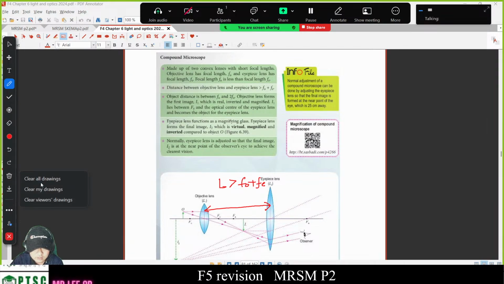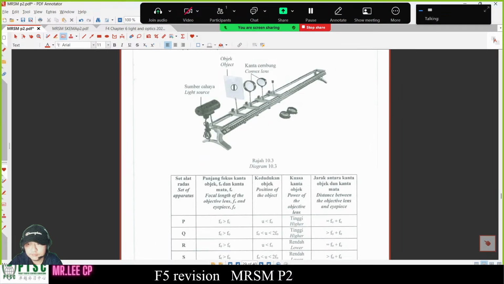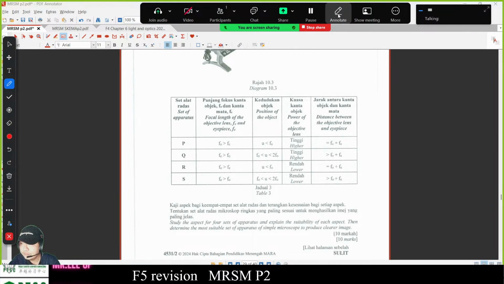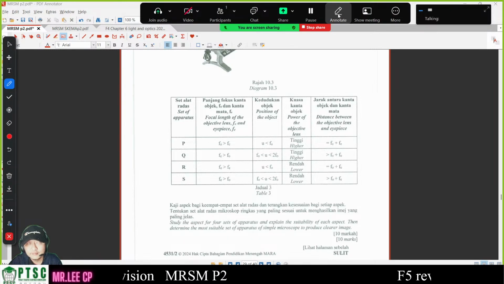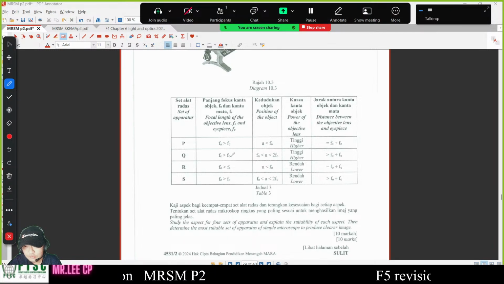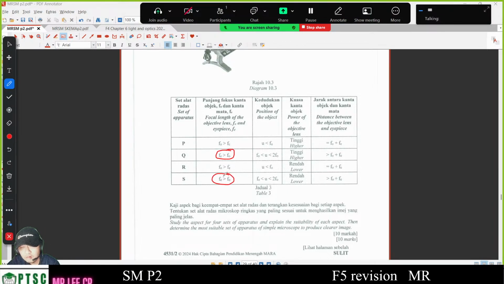Okay, you need to know. Now, you want to make the microscope, right? FE more than FO. Okay.